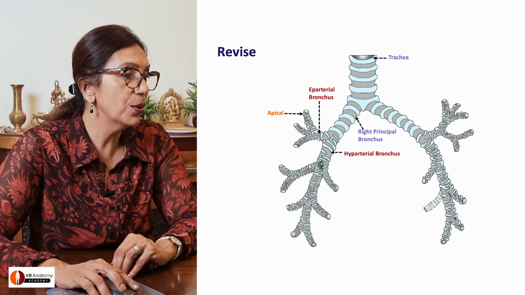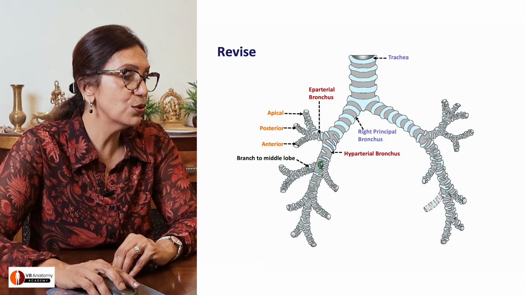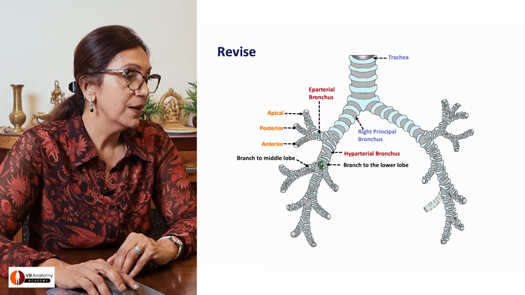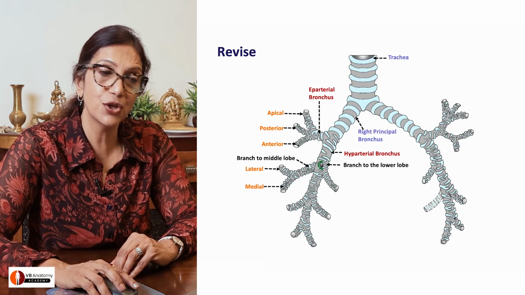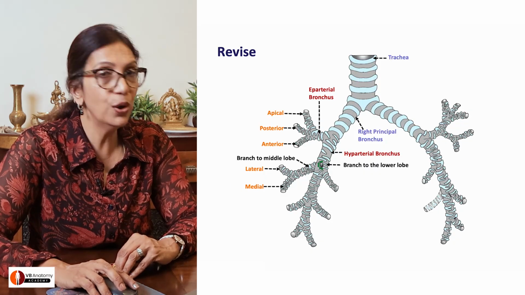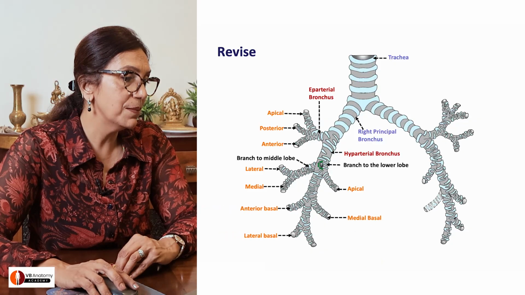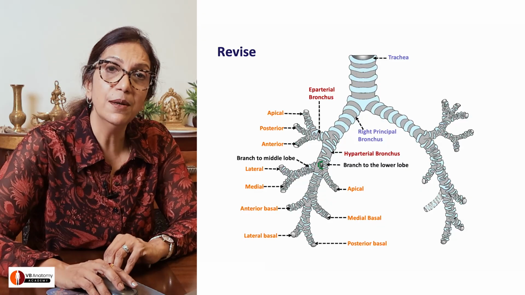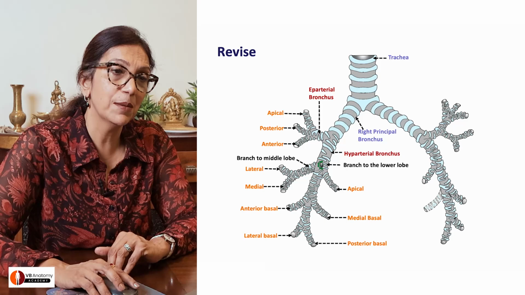The eparterial divides into apical, anterior and posterior. The hyparterial gives rise to the branch to the middle lobe and a branch to the lower lobe. The branch to the middle lobe divides into lateral and medial tertiary bronchi. The branch to the lower lobe divides into apical, anterior basal, lateral basal, medial basal and posterior basal. In all, 10 tertiary bronchi and therefore 10 bronchopulmonary segments.